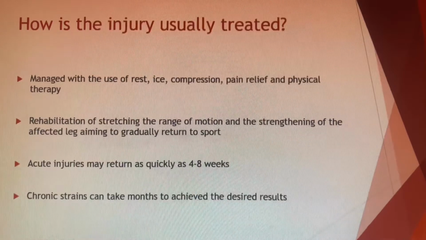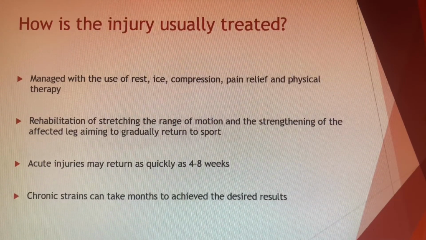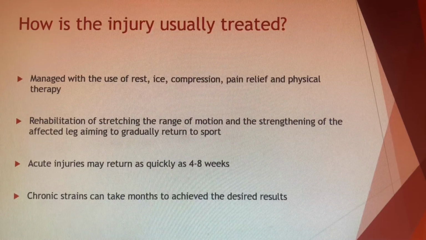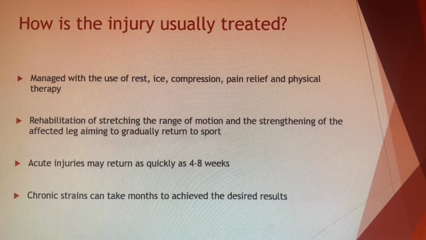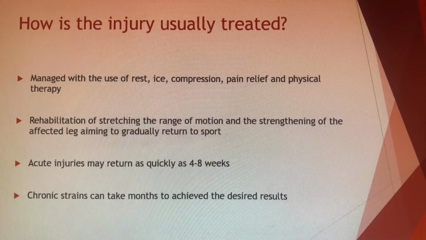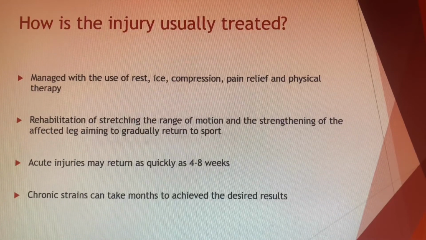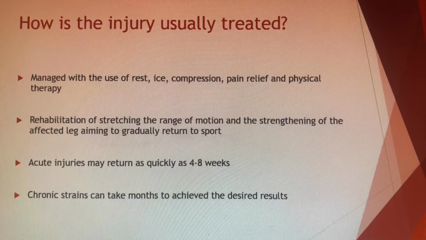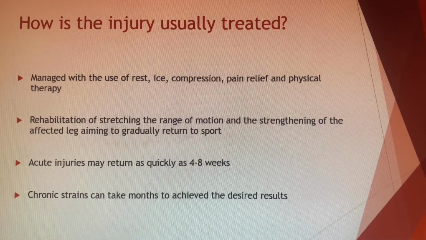Acute injuries may return as quickly as 4 to 8 weeks compared to chronic strains, which can take months to achieve the desired results. Other treatment options include steroid injection into the adductor muscles combined with the use of ultrasound, and in more severe cases, surgery may be required. Surgery may only be required due to poor recovery with conservative management.